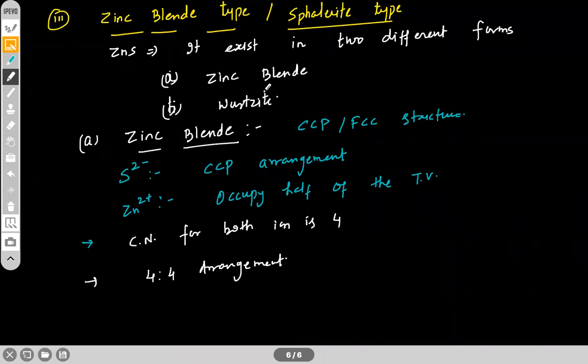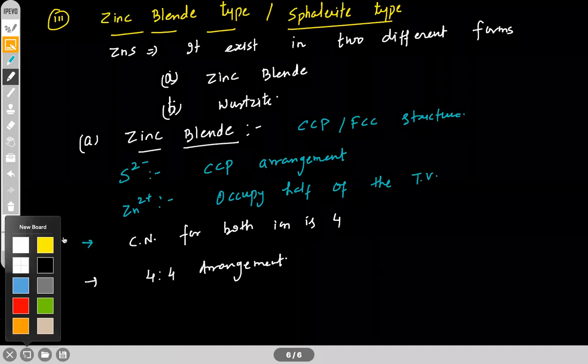Now the second type, you write down, wurtzite structure. So B, you write down wurtzite.